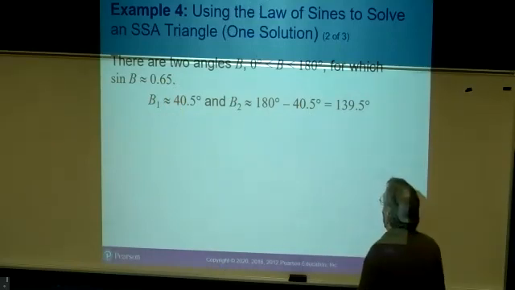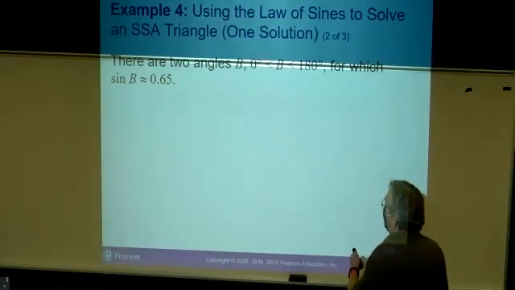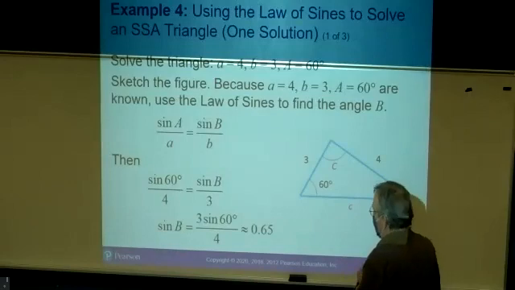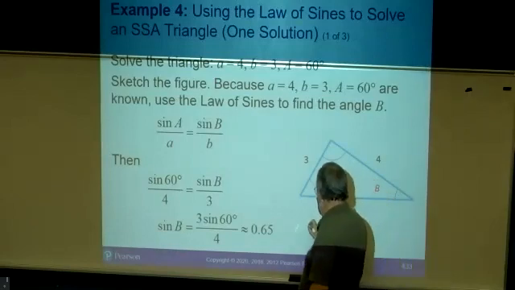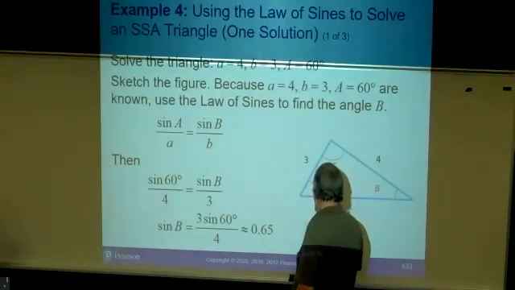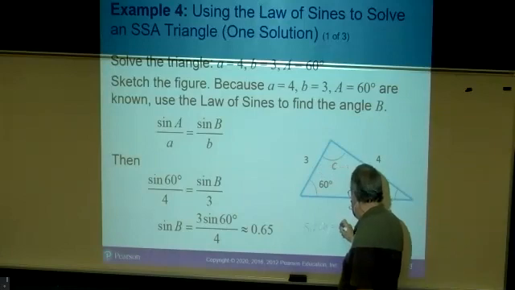So, let me back up to here. Here I would do the sine inverse of 0.65, which they get to be 40.5.